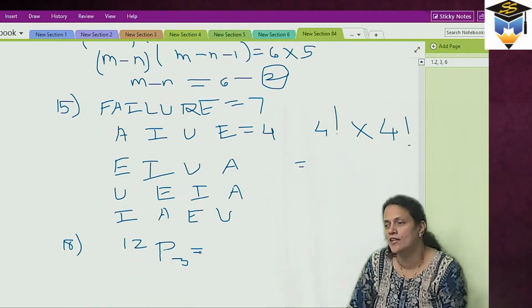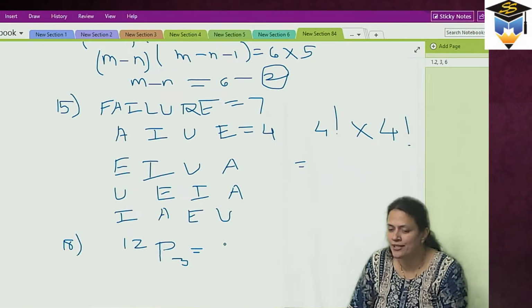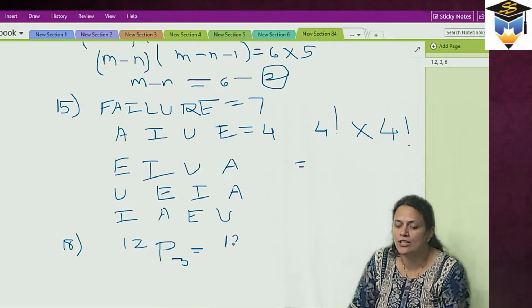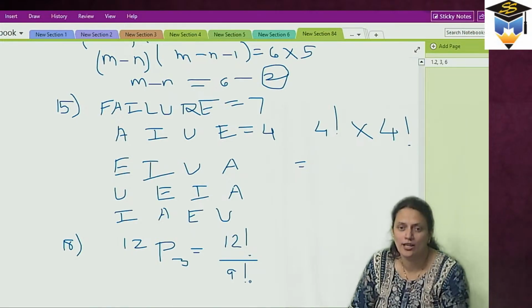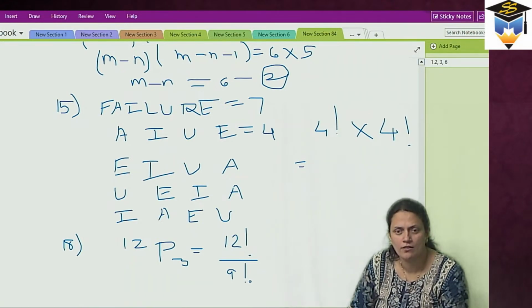Good question. Now look, in order to make it easier, what can be done? 12 factorial upon 12 minus 3, that is 9 factorial.